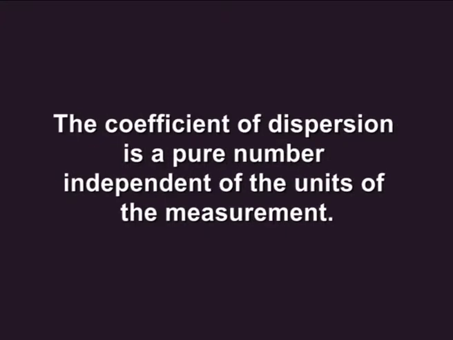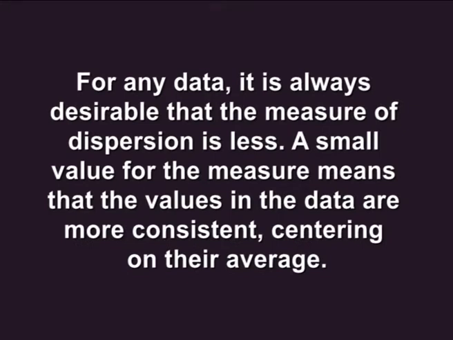The coefficient of dispersion is a pure number independent of the units of the measurement. For any data, it is always desirable that the measure of dispersion is less. The small value for the measure means that the values in the data are more consistent, centering on their average.